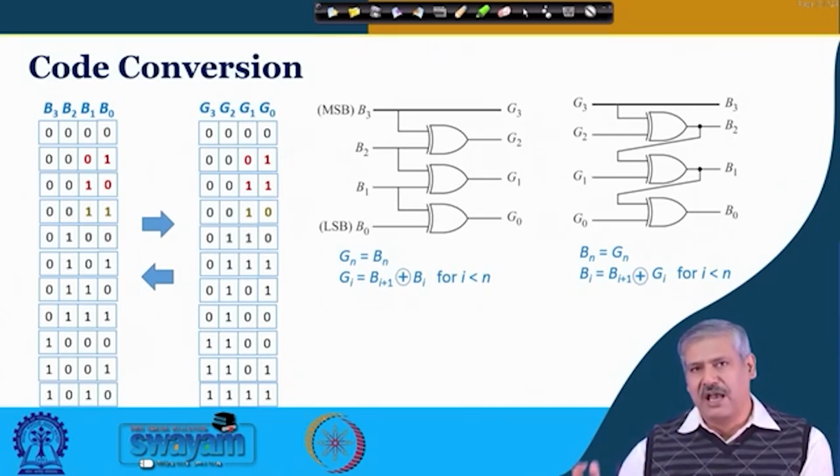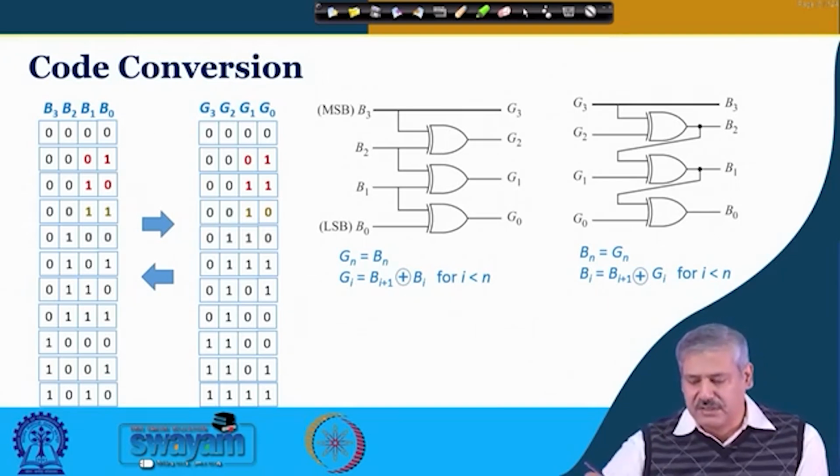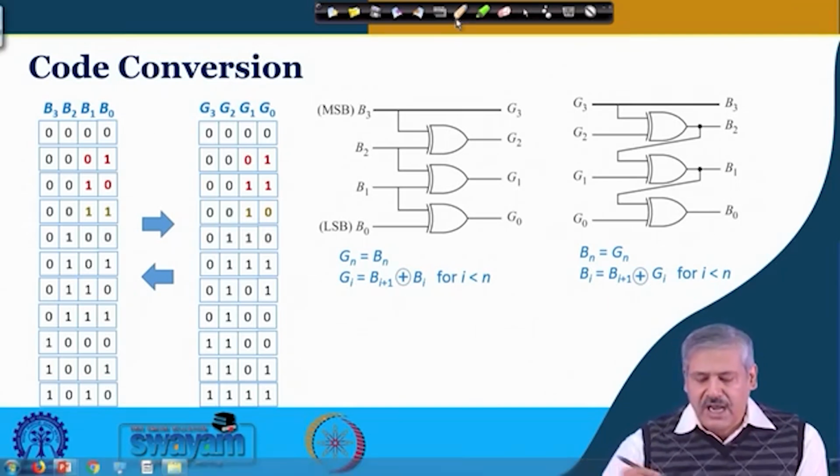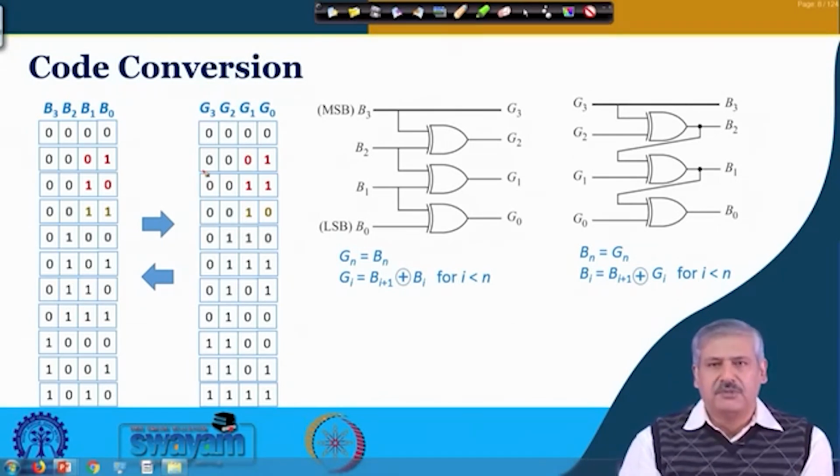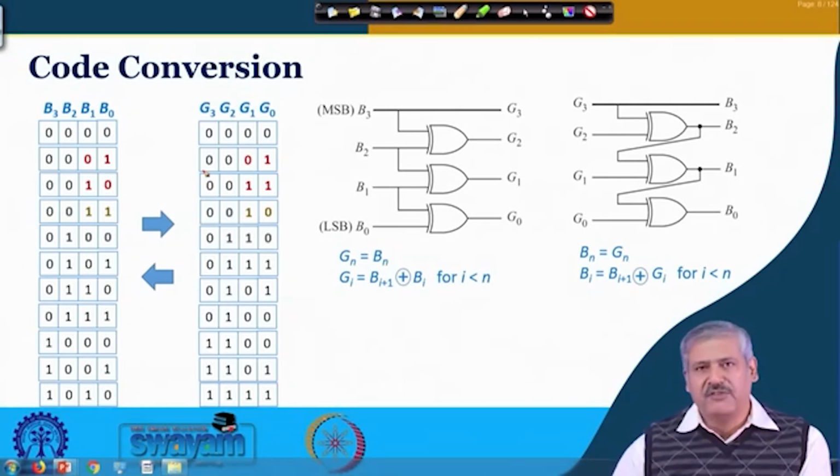I mean, we have Gray code, and we want a binary code for some application. To do that, if we look at the mapping, we can come up with a very simple relationship. For an n-digit conversion, the most significant bit of the Gray code and Bn will be exactly the same.